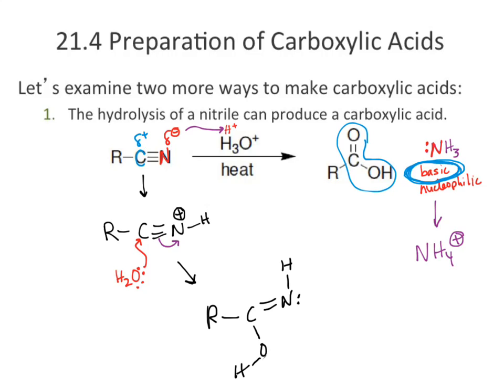That can help push our equilibrium, but energetically, how can I break it? We can add the heat to help weaken a lot of those bonds and get that NH3 out of the way and turn it into ammonium. Once it's in that NH4 state, it's not a nucleophile anymore, we don't have to worry about it. But any of these intermediate stages where I have a nitrogen with a lone pair, that's nucleophilic, that's problematic.